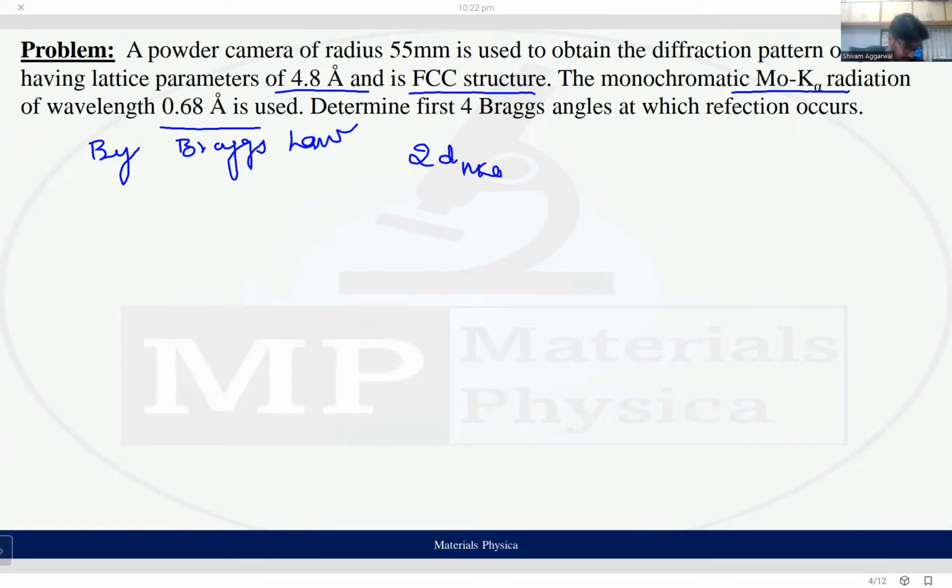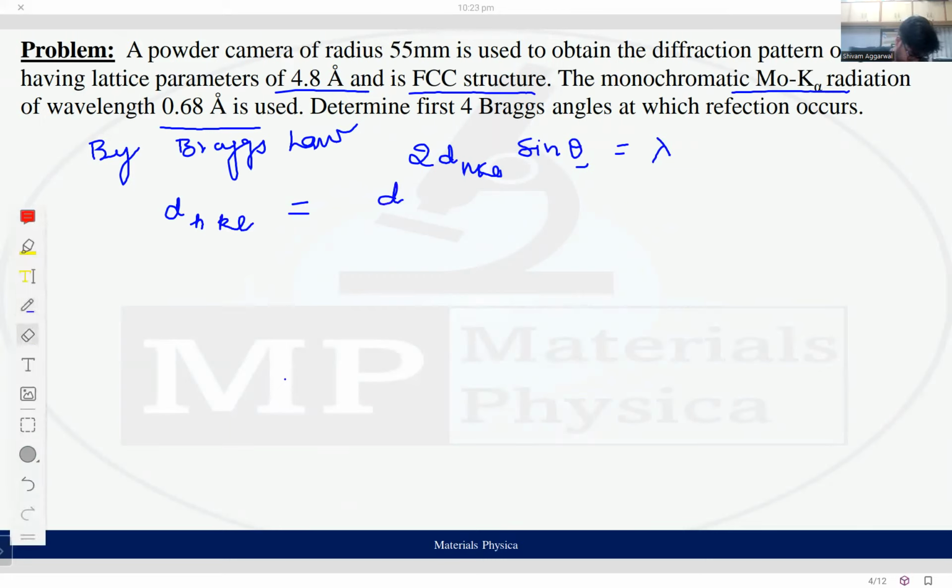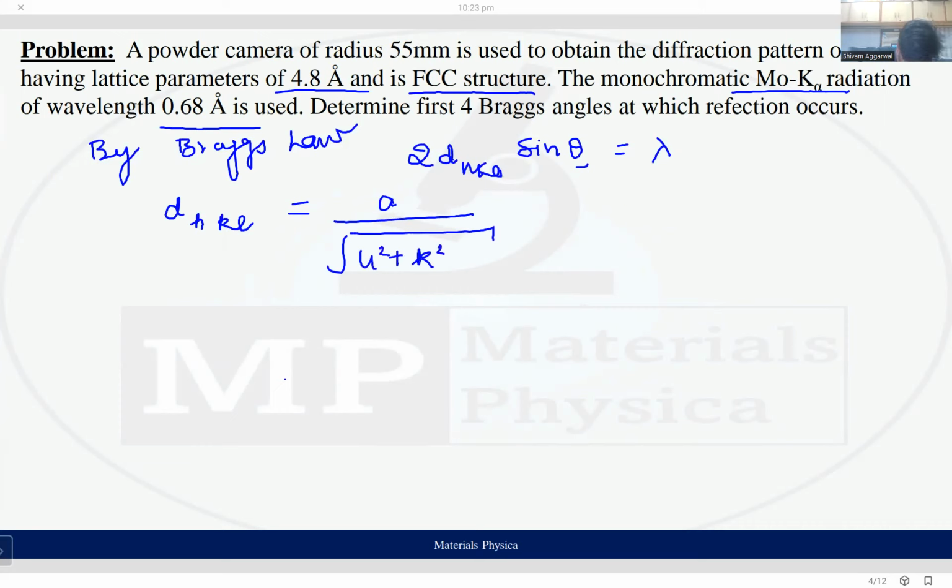We know lambda and a, and d_hkl is given by a over the square root of h square plus k square plus l square for a cubic crystal. So here we know the value of a, but I don't know h, k and l. And in this question, it is asked for the first 4 Bragg's angles.